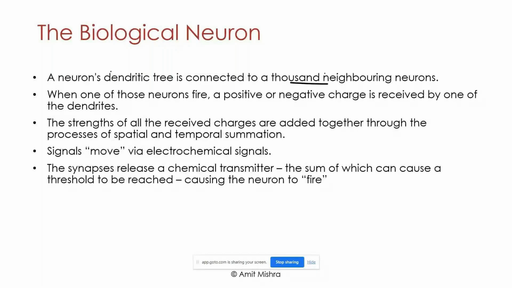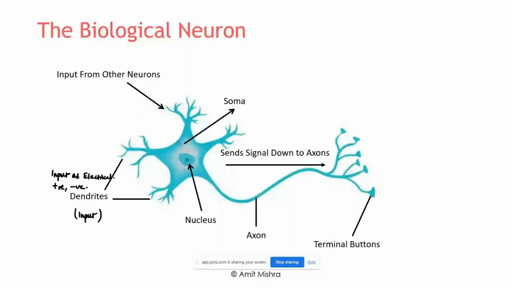When one of those neurons fires a positive charge or a negative charge, that is the data in this case. These charges will be grabbed by the dendrites from the other connected neurons.